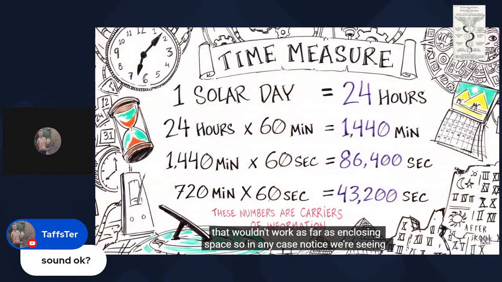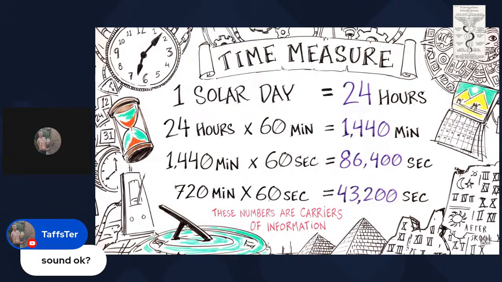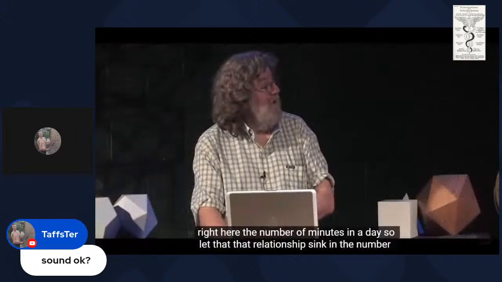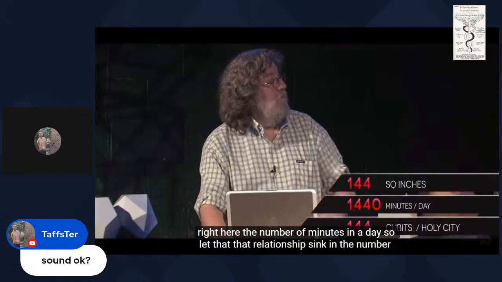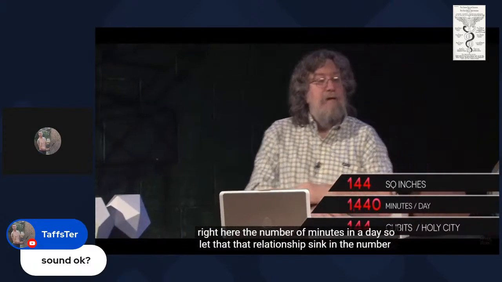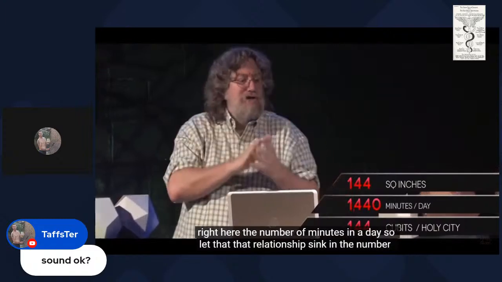So in any case, notice we're seeing a recurrence of this number that we saw, 1440. Remember, we saw that number back right here, the number of minutes in a day. So let that relationship sink in.